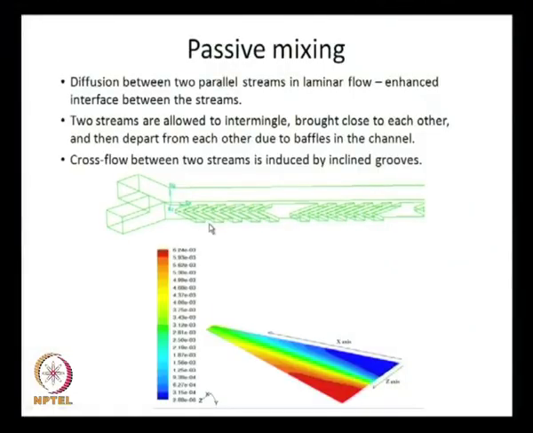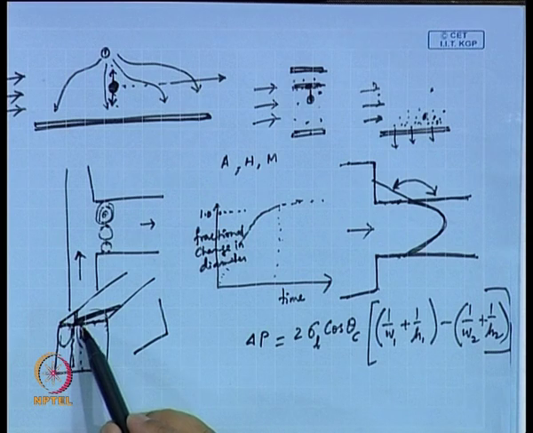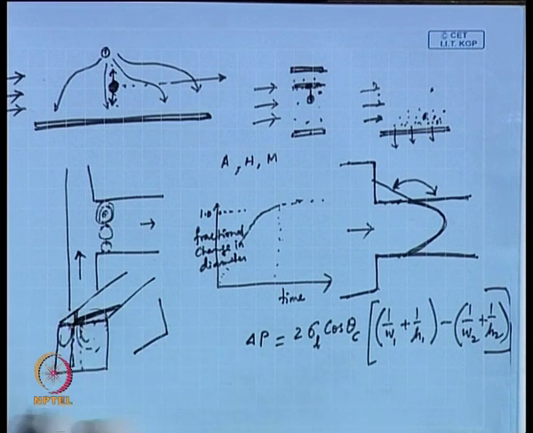Beyond a certain distance, after 1, 2, 3, 4, 5 grooves, you see the pattern changed. Here this part is 1/3 and that part is 2/3. Earlier you were swirling with the 2/3 portion of this. Originally, the fluid that entered was split half to this side and half to that side.